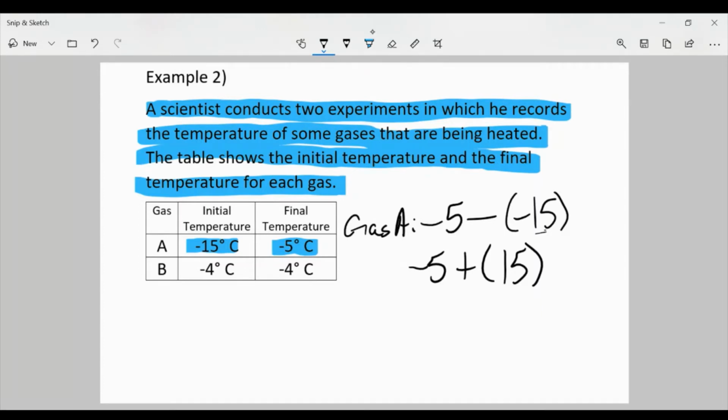We're adding and it's different signs. So I'm going to go 15, take away 5, which gives me 10 degrees. So we have a difference of 10 degrees. And if you notice, the absolute value of the larger number is positive, so we have a change of 10 degrees for gas A.